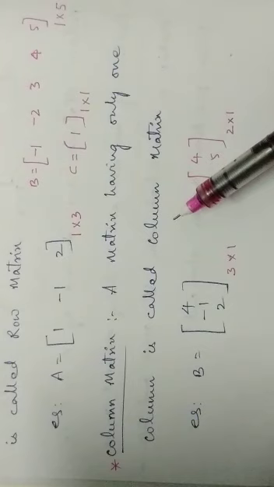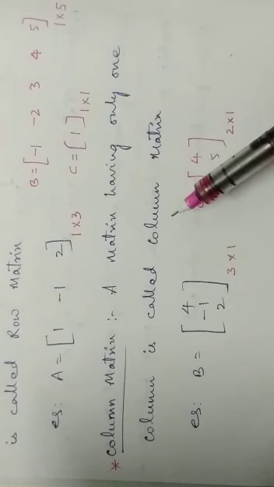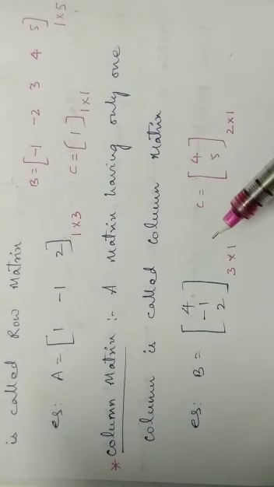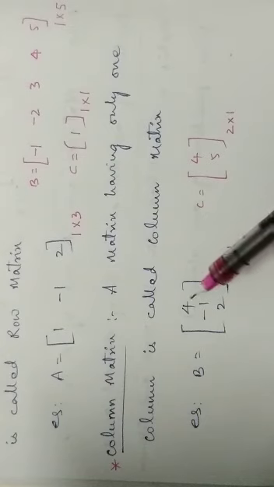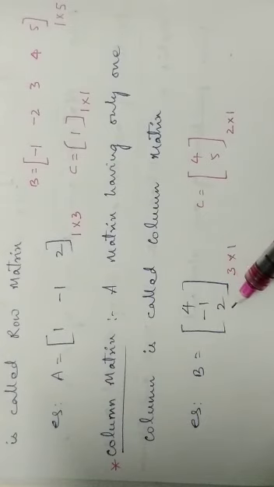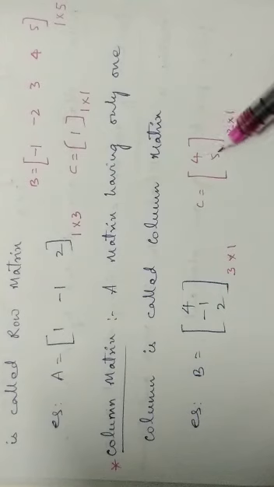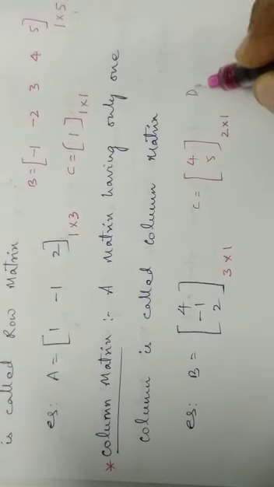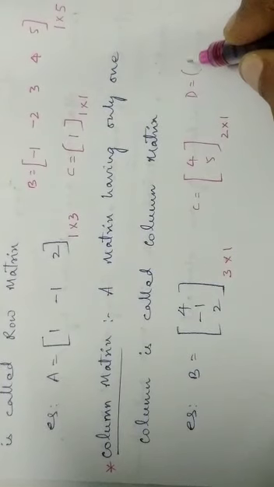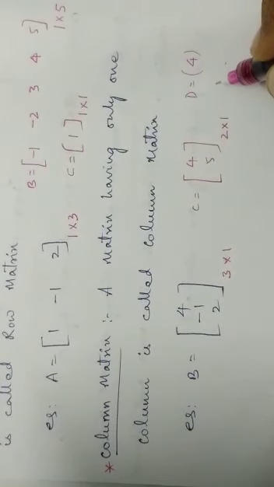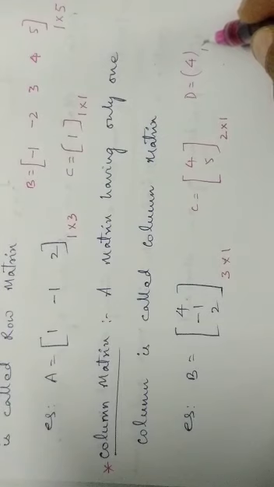Most of the times, column matrix is also a rectangular matrix unless the matrix contains only one element. How many elements are there? 2 elements. If matrix contains only one element, suppose D, 4, 1 by 1 matrix.